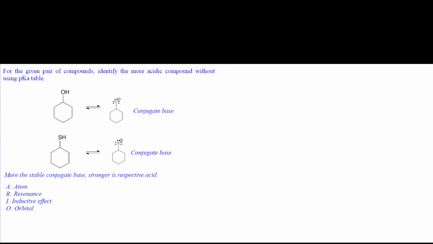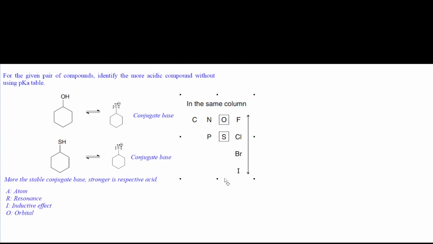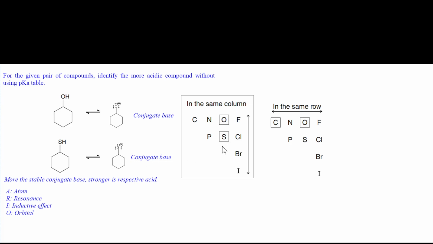When we want to discuss the stability of a conjugate base and the two atoms carrying the negative charge are in the same column or the same row, we have to use different logic. If the two comparing atoms where the negative charge is present in the conjugate base are from the same column, then compare the size.